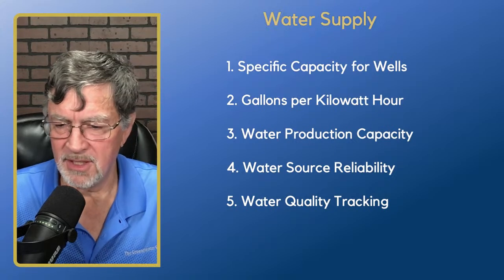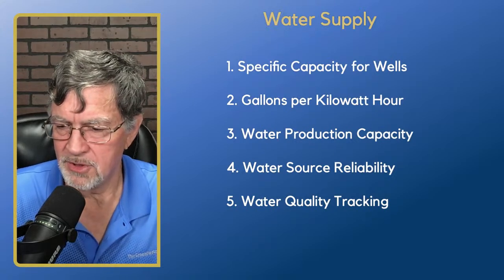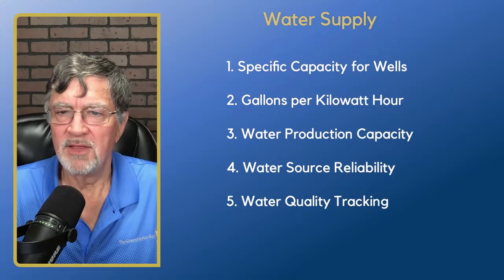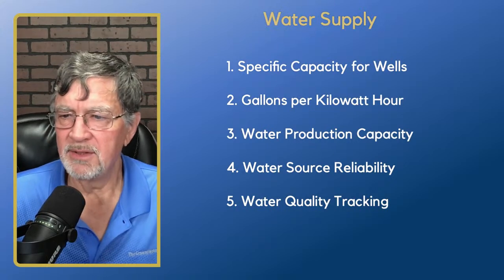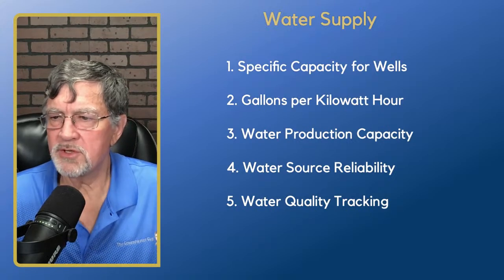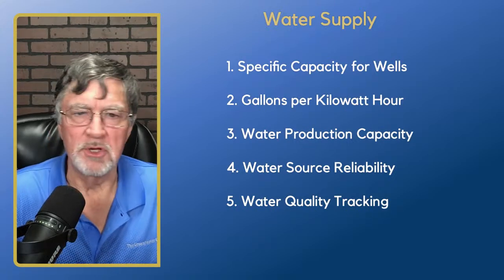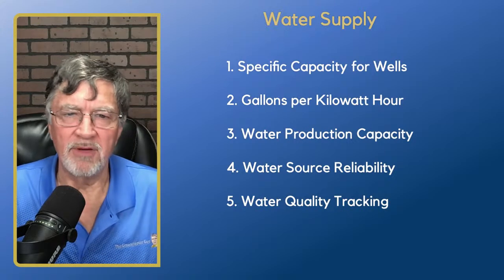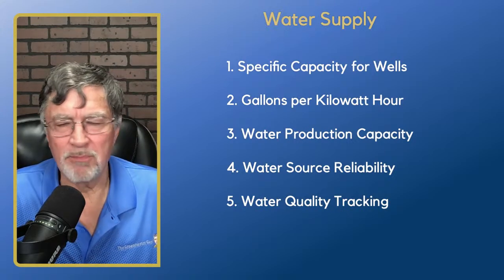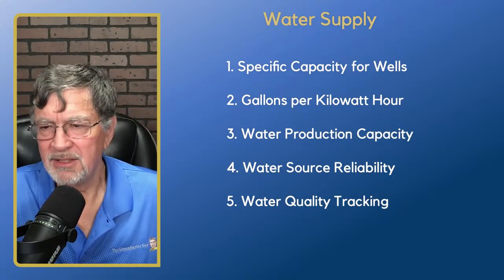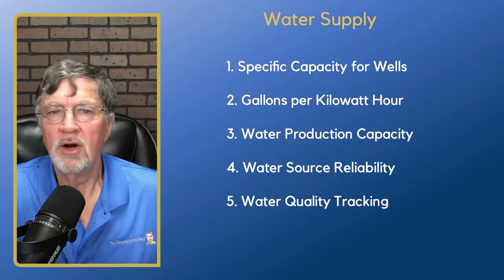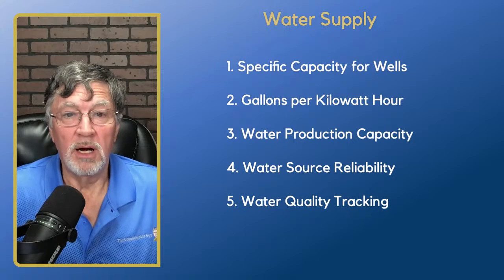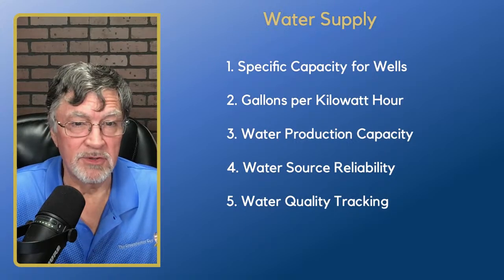So water production capacity. Let me just look at my notes here real quick. This is something where you're really looking at things like what is our maximum daily production capacity? What do we have? This is separate from something like maximum daily demand. That's what the customers are looking for, or how much is demanded on our system.